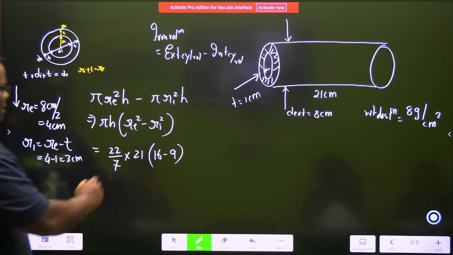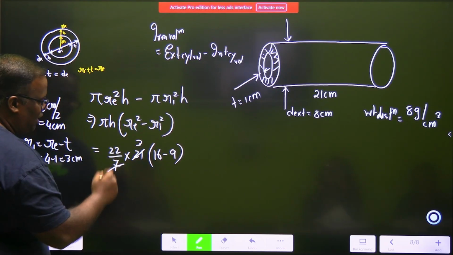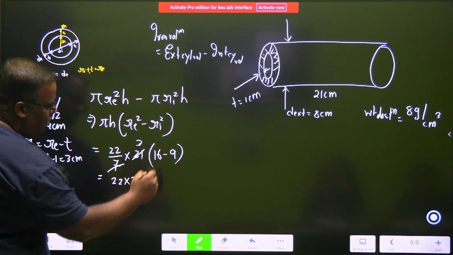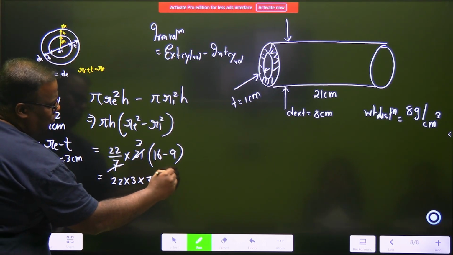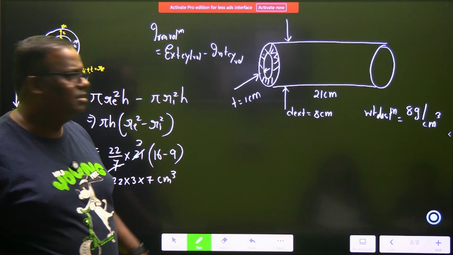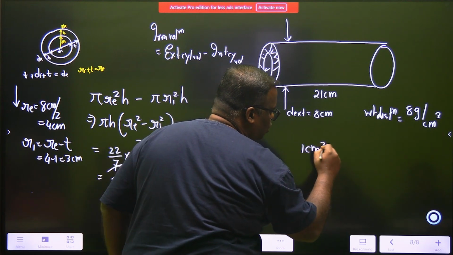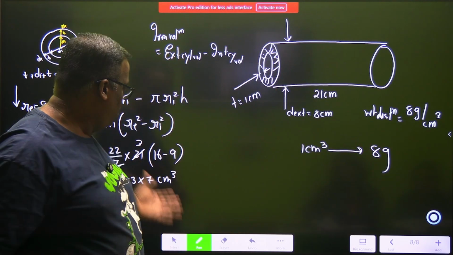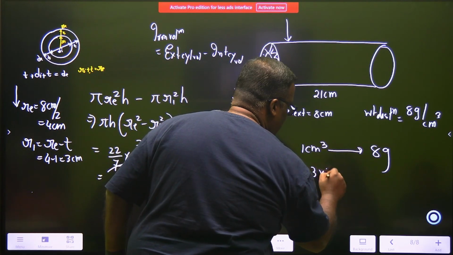So how much is the volume? 22 into 3 into 7 centimeter cube. Each centimeter cube weighs 8 gram, and my pipe is 22 into 3 into 7 centimeter cube.